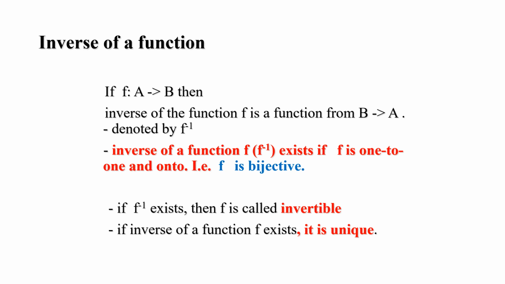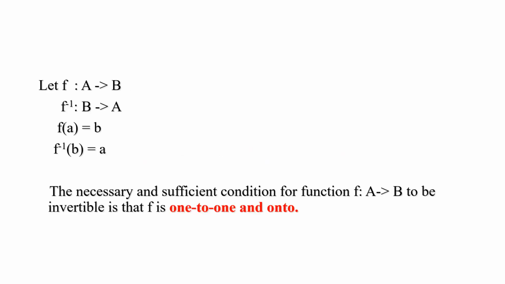Another important point about inverse of a function is there will be only a unique inverse function for a given function. If the inverse of a function exists, it is unique. If f is a function from A to B, then f inverse is a function from B to A. That means if f of a is equal to b, then f inverse of b will be equal to a.